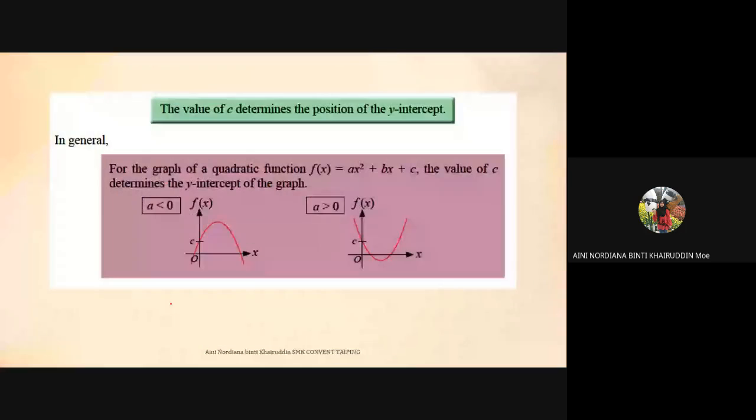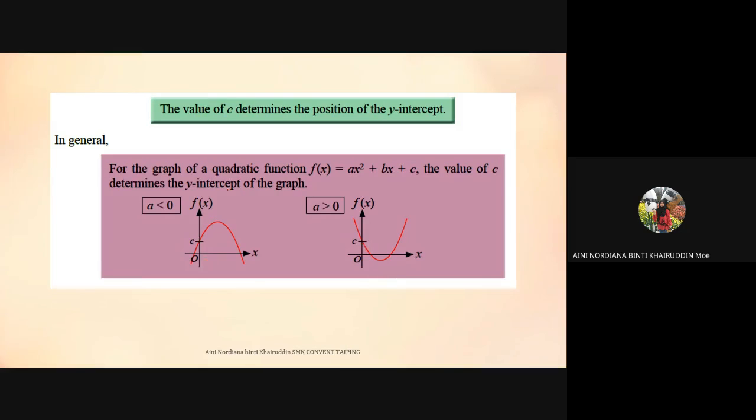Okay, the last part. The value of C determine the position of the y-intercept. Ni dah belajar dah masa form 3 chapter 9. The value of C is actually the y-intercept.